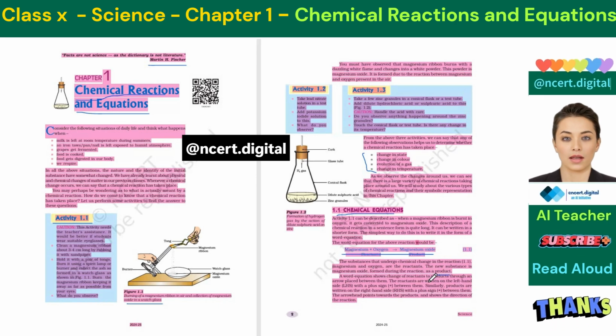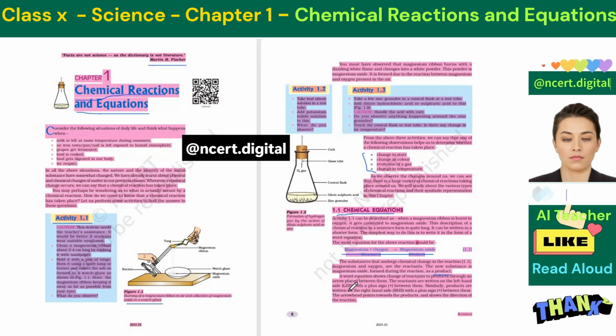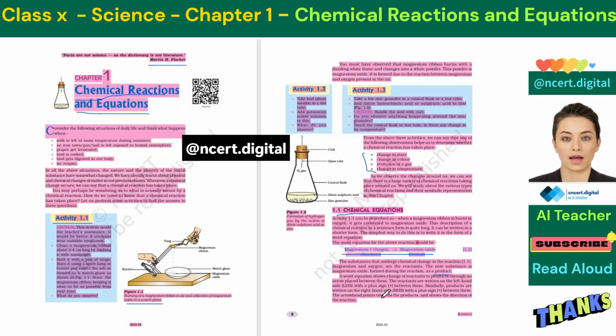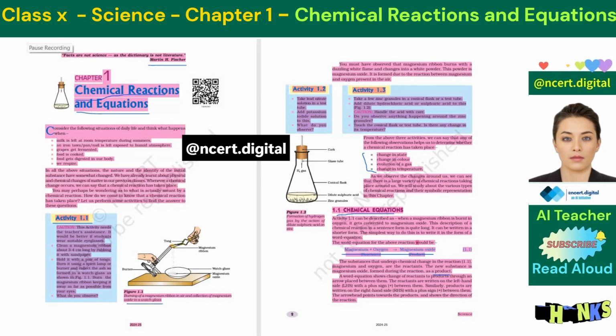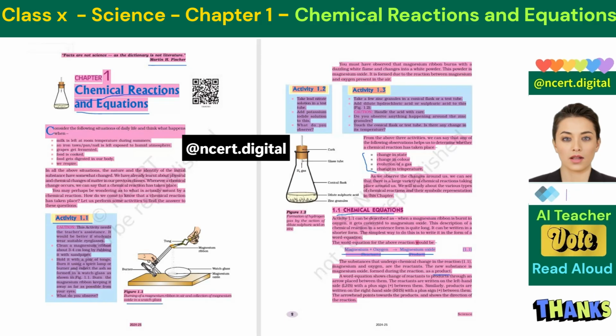A word equation shows change of reactants to products through an arrow placed between them. The reactants are written on the left-hand side, LHS, with a plus sign between them. Similarly, products are written on the right-hand side, RHS, with a plus sign between them. The arrowhead points towards the products and shows the direction of the reaction.